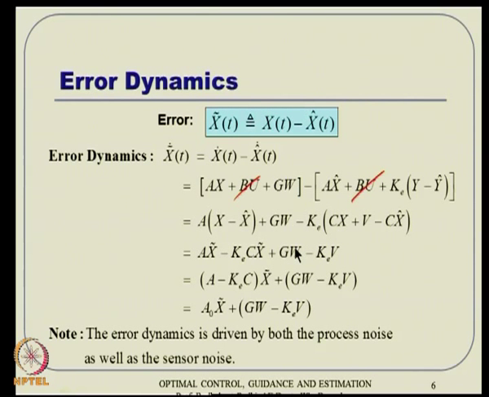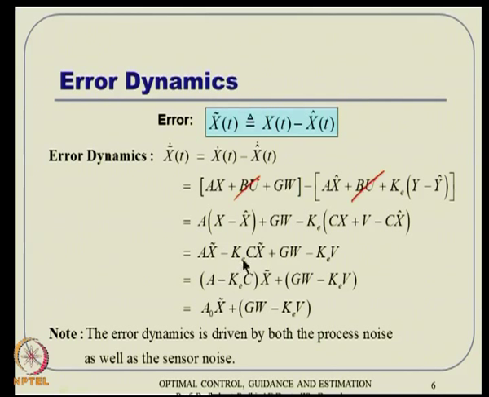Then you have got these two terms, you can combine x minus x hat as x tilde. So this is K e times c times x minus x hat, that is x tilde. So you have got A x tilde coming from here, G w minus K e v goes there, and whatever remains, K e times c into x minus x hat, which is x tilde, comes here.